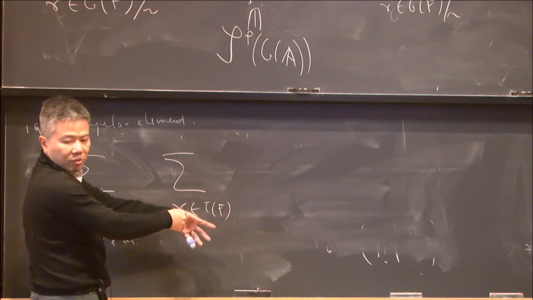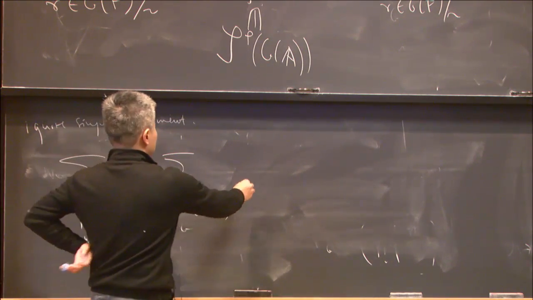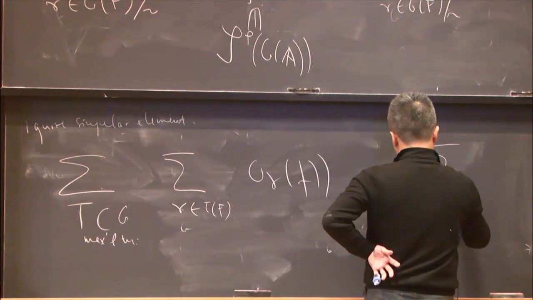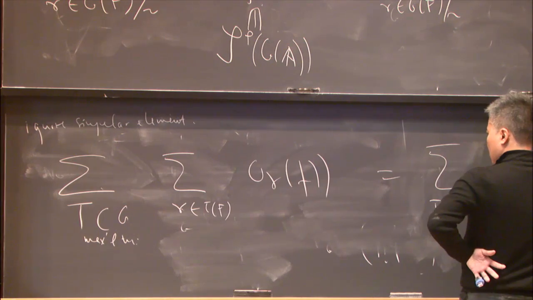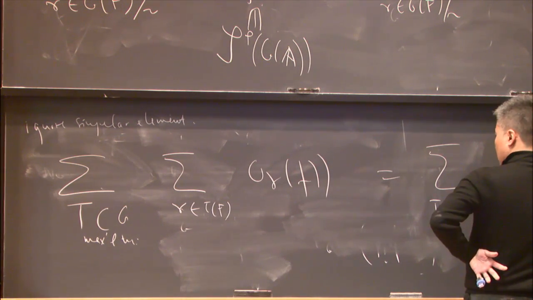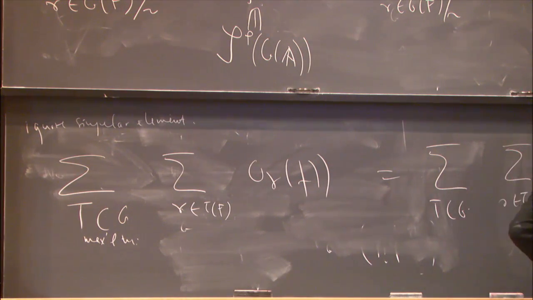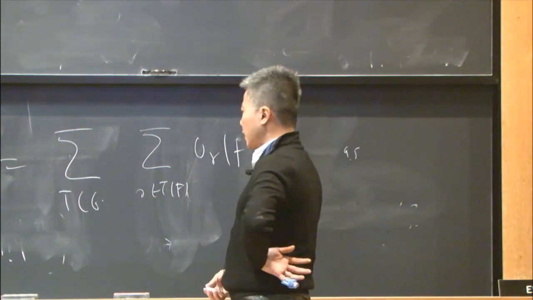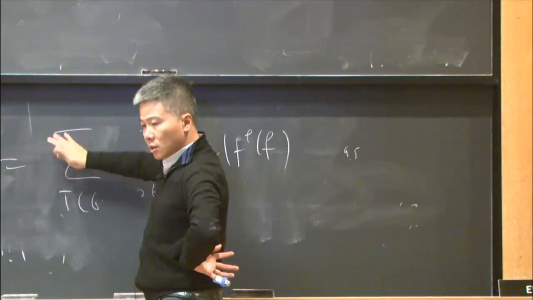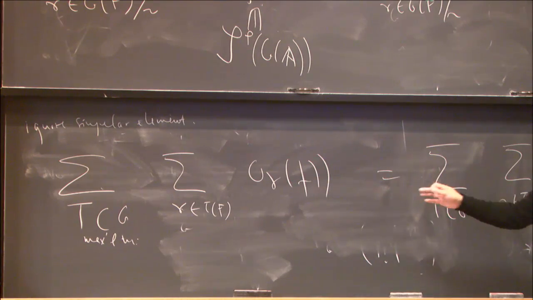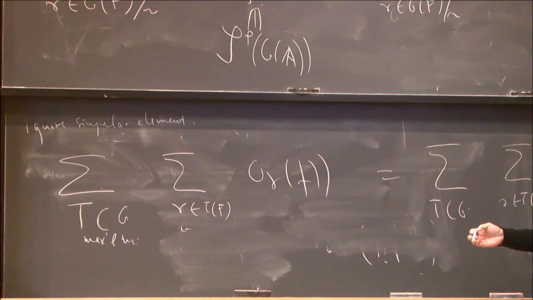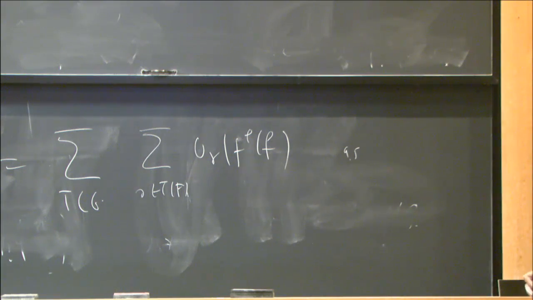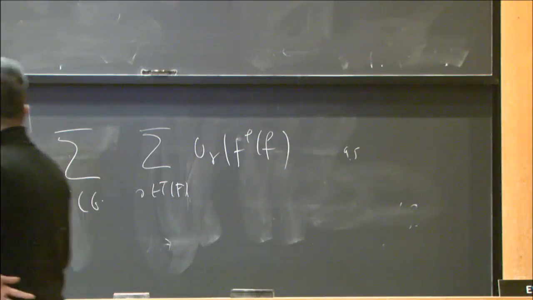Now we have some repetitions, but just ignore that. And so the first naive guess, you can just erase this. This may just be equal torus by torus, right? It's not true. I know that it's not true.